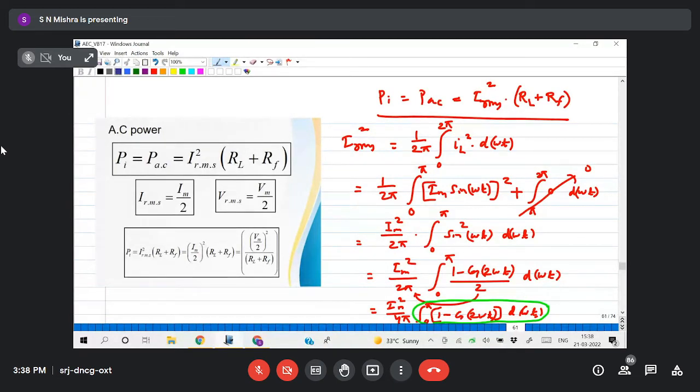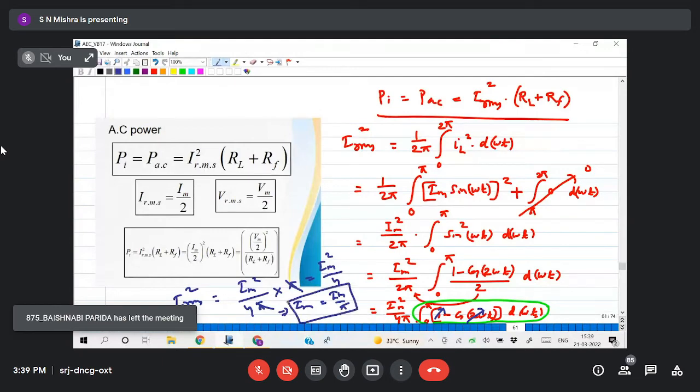Now finding. One part will give pi, the other part will give 0. So finally you will get pi as the answer for this integration after putting the limit. So I RMS square will be Im square by 4 pi into pi, so pi cancels. I get I RMS square equals Im square by 4, so I RMS equals Im by 2, which is written here.